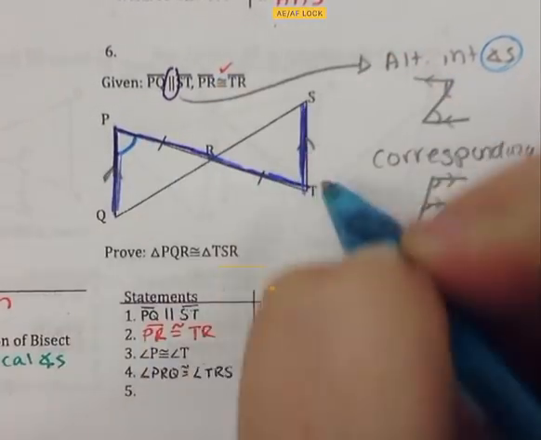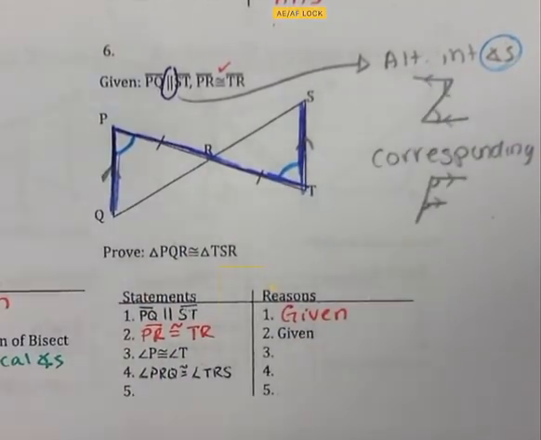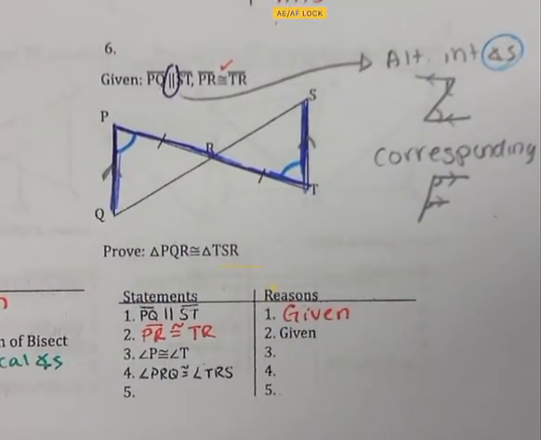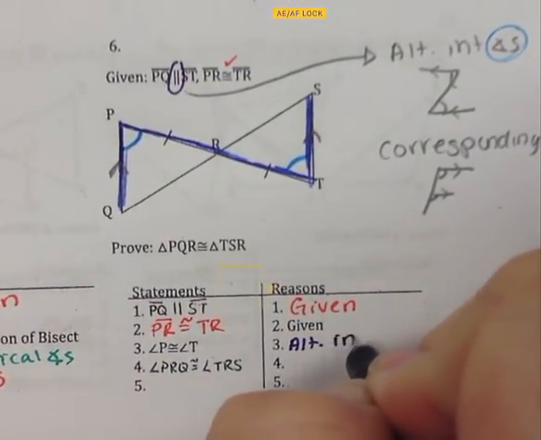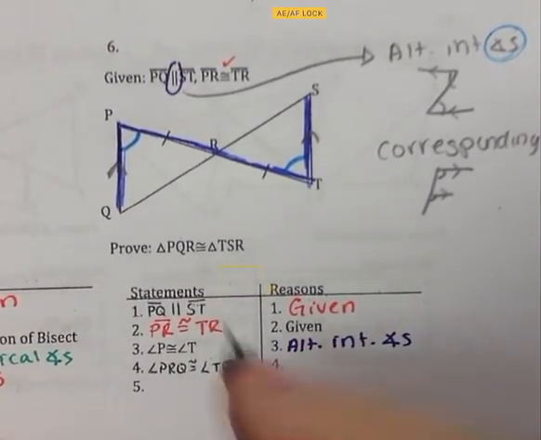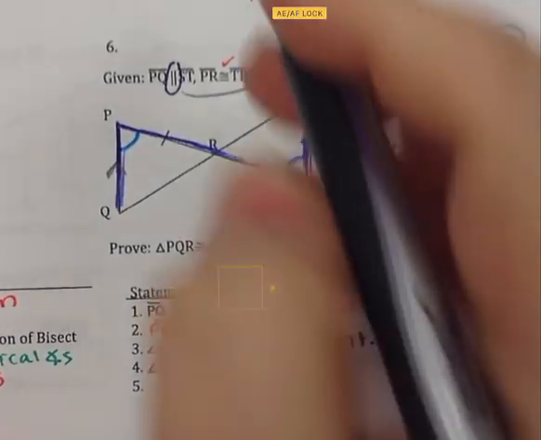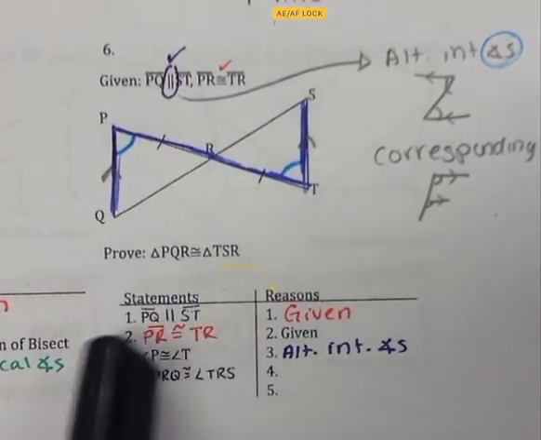So we can have angle P is congruent to angle T because it's the Z, so it's alternate interior angles. Now we have a congruency because of the parallel, so I can put a check mark now on that. Still only have two check marks, so I only have two congruencies.